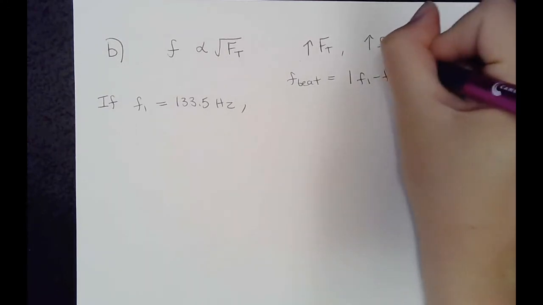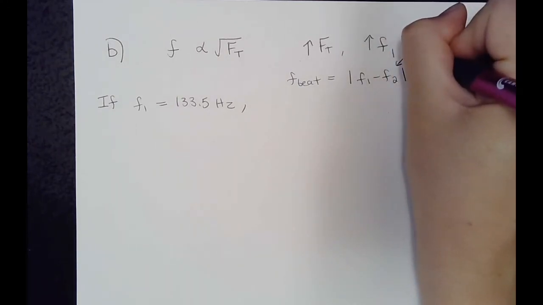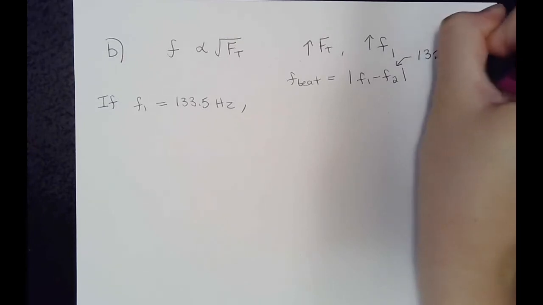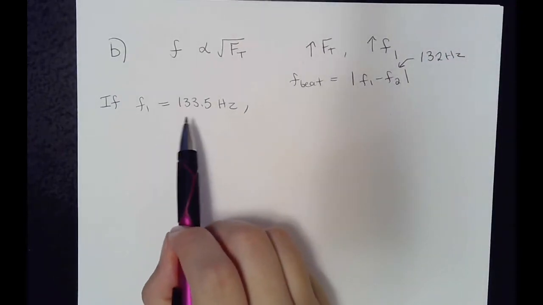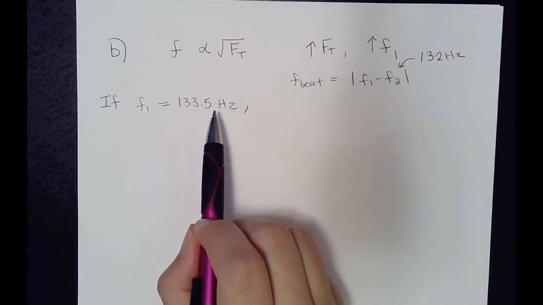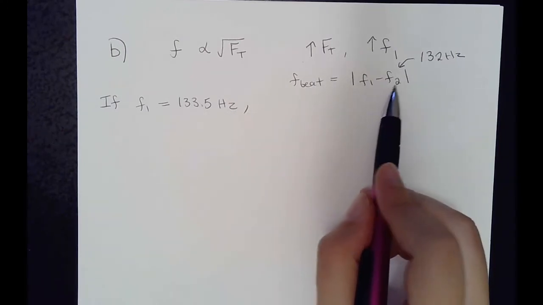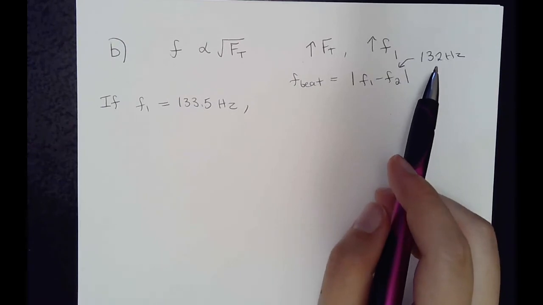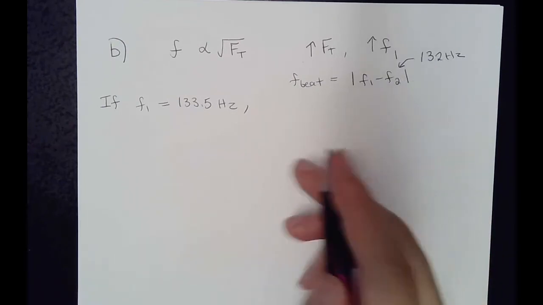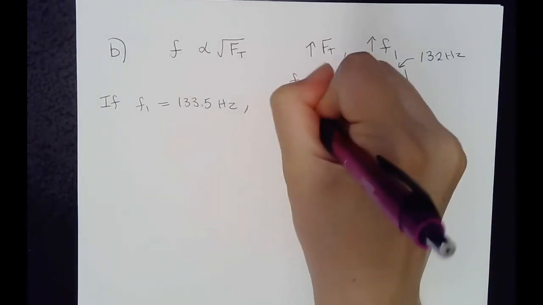So F2 was the known frequency of 132 Hz. Let's look at the first case. If F1 is 133.5 Hz, if we increase that, then it's going to move further away from 132. So this difference will get larger and will increase the beat frequency.